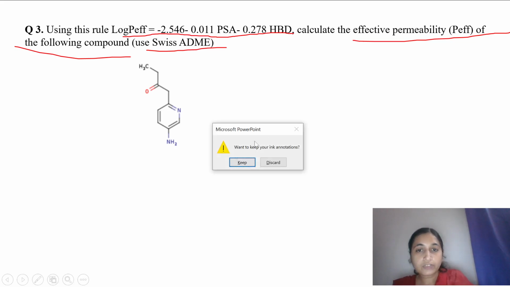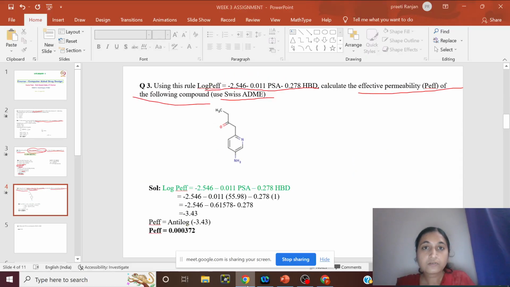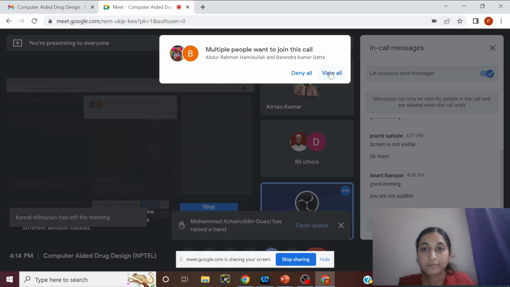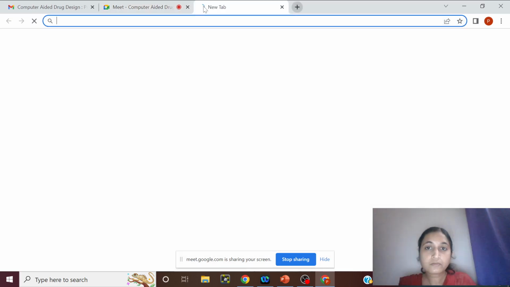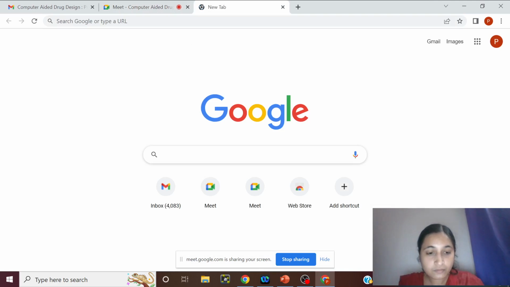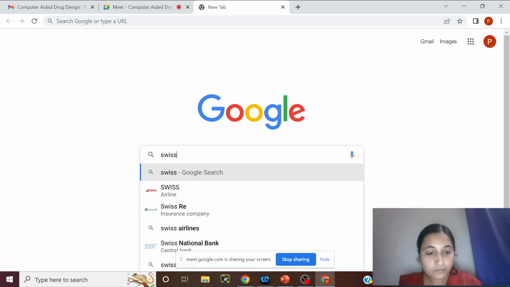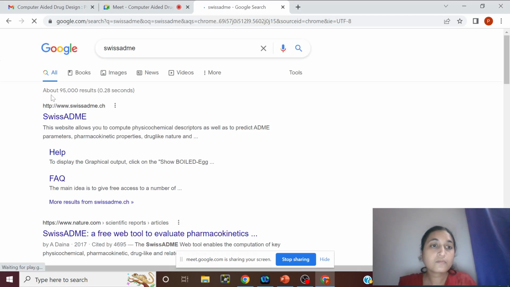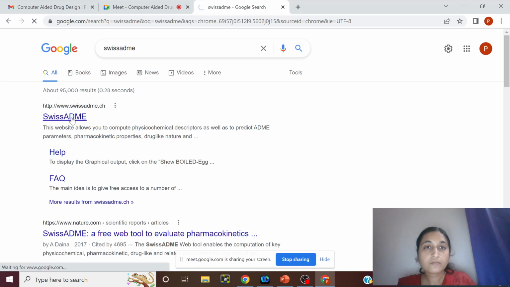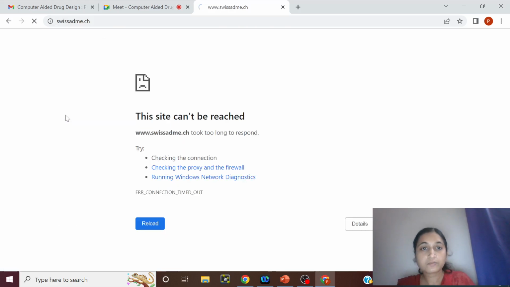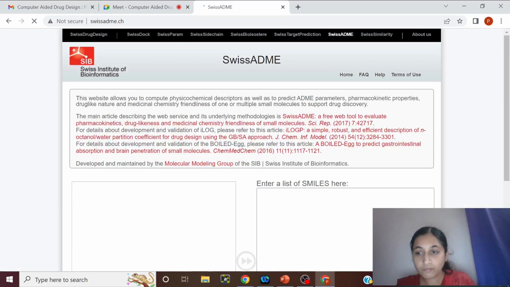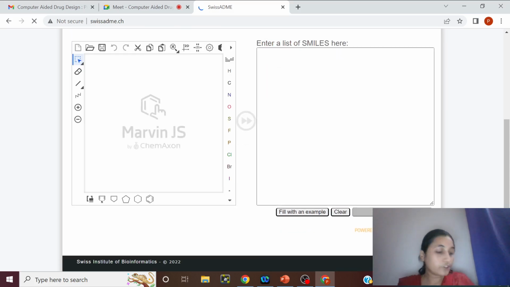First we will go to Swiss ADME. So we will draw the structure first here.